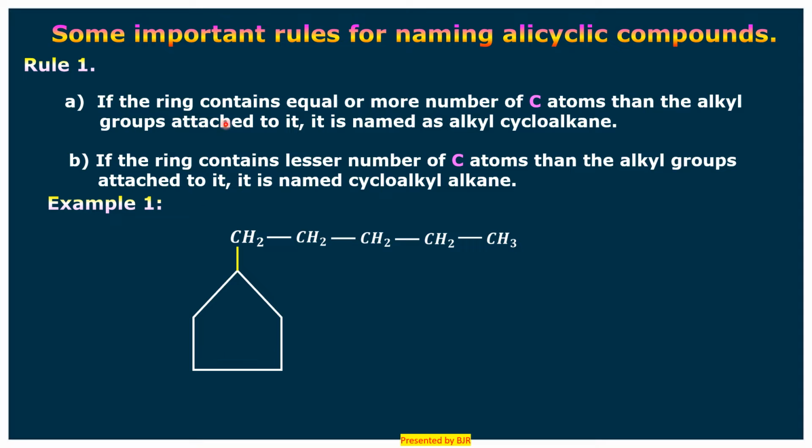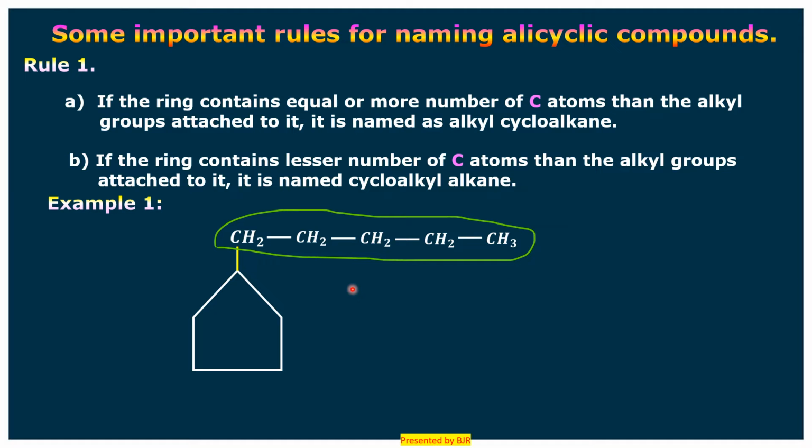So if the ring contains equal or more number of carbon atoms, then the alkyl group attached to the ring should be treated as the substituent. So this one is the substituent.